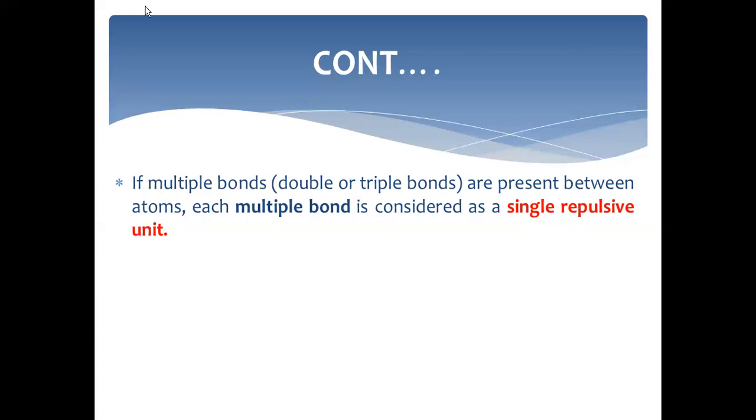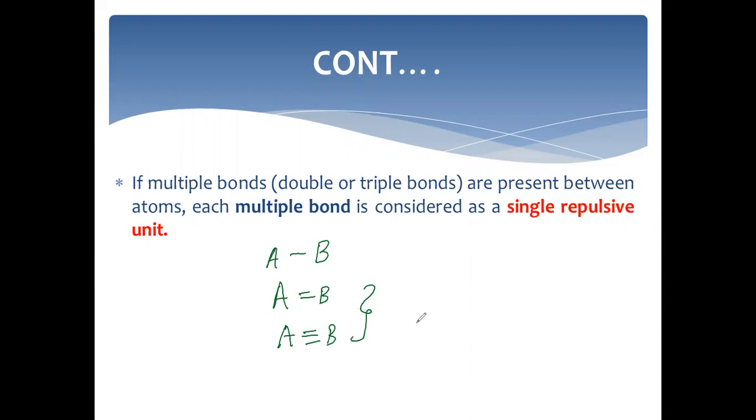When you take any bond, let's say A between B should be the single bond. A between B can be the double bond. A between B, triple bond. So this is a single bond, double bond, triple bond.